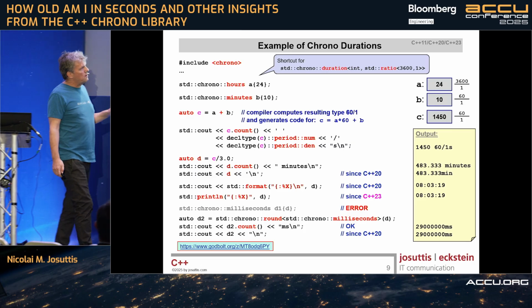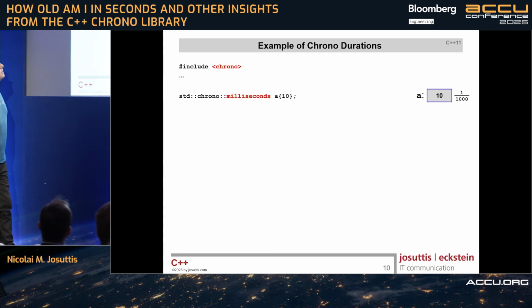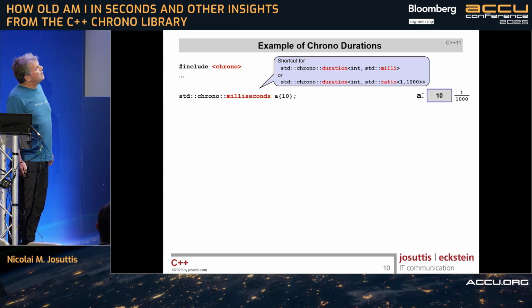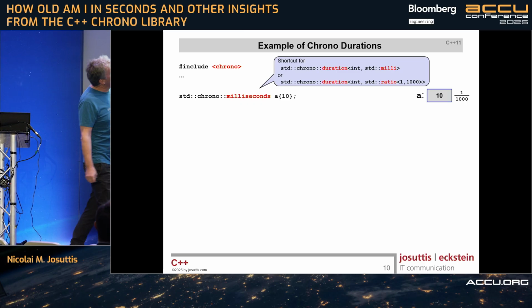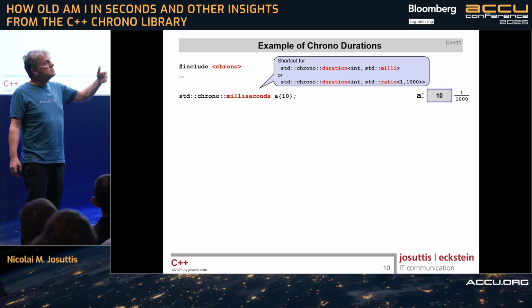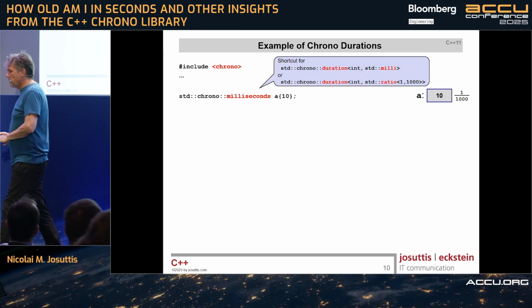So just to clarify how crazy this library is, let's do a similar example, 10 milliseconds, and that is a duration. And for some standard SI types, we have some standard fractions defined. std::milli is just the ratio 1 to the thousandths.